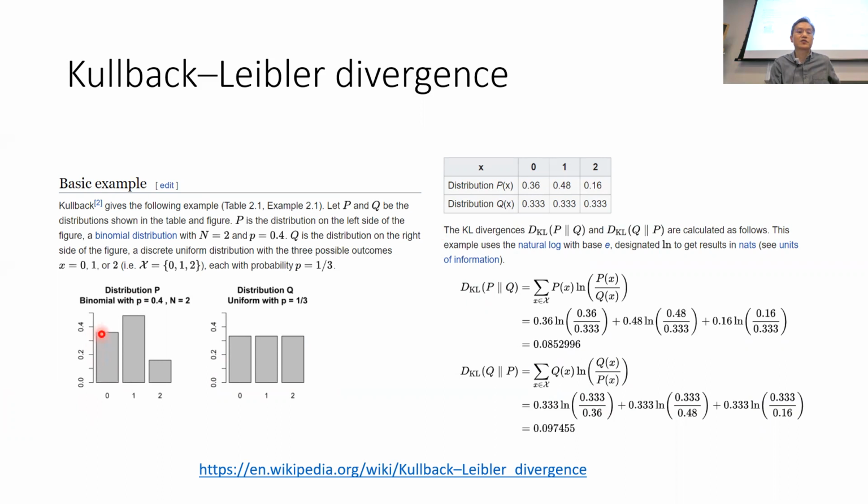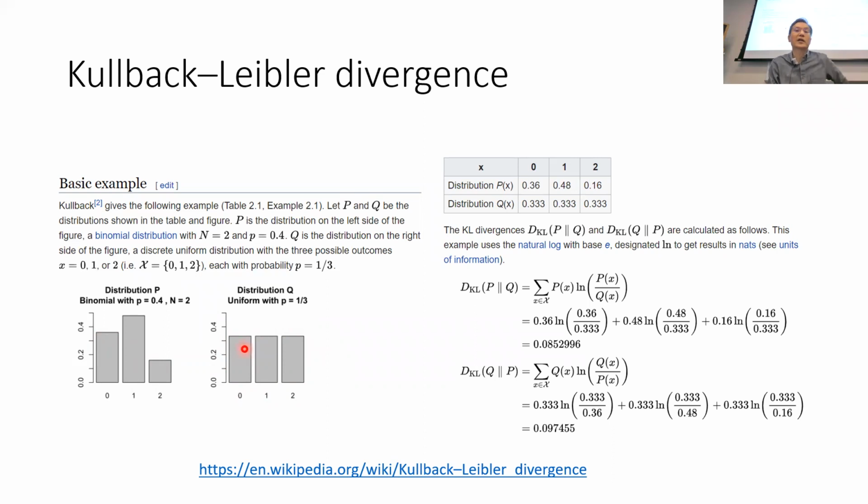You have a first distribution with a histogram like this. You have three bins, 0, 1, 2, and with this distribution, you have the highest in bin 1 and the lowest in bin 2. Another distribution you want to compare it with is uniformly distributed, so every bin has an equal probability.